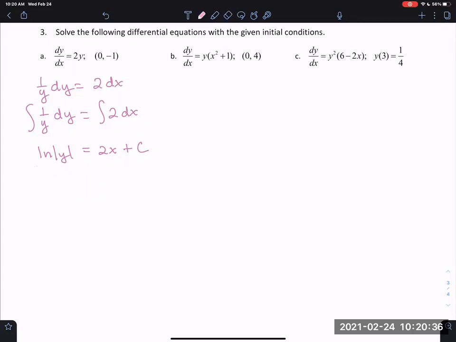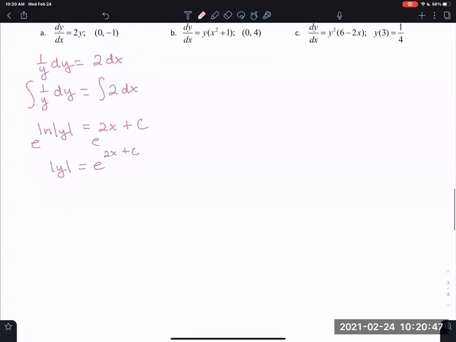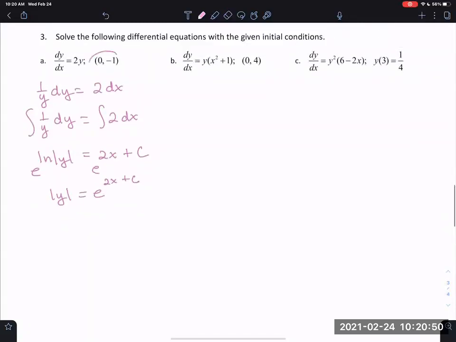And I'm going to leave my absolute value on here, only because of something I want to point out in a couple minutes in the final steps, because look at my initial condition.